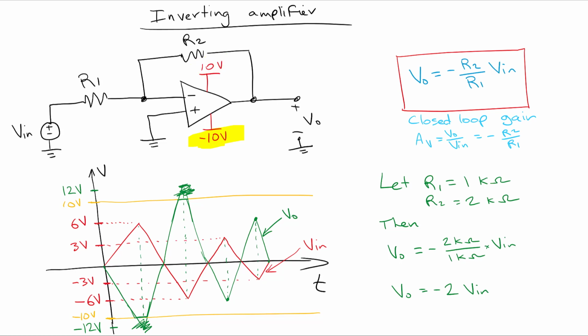We can have a situation where instead of minus 10 volts we have minus 5 volts, or it could even be 0. So let's just say it's 0 volts.